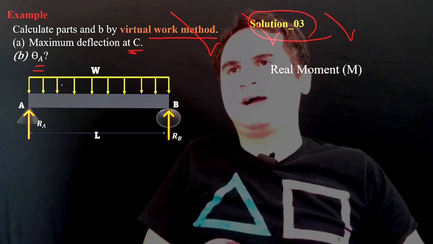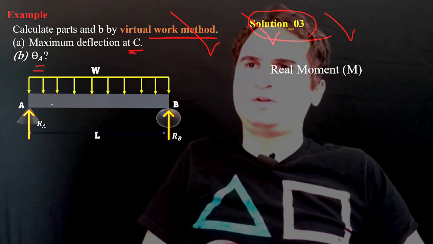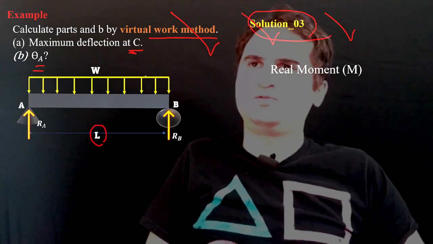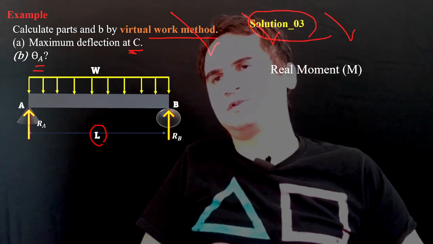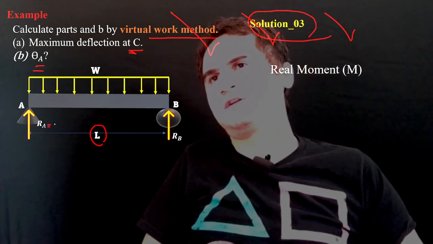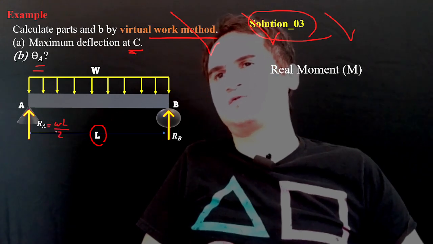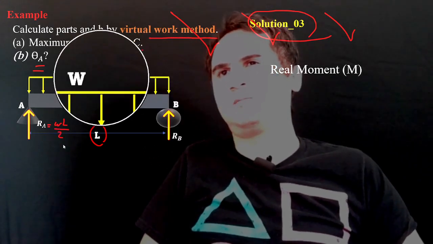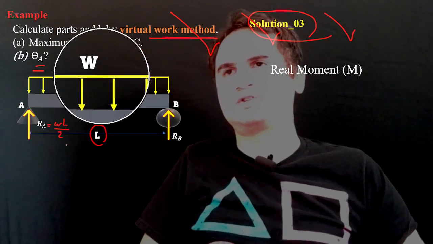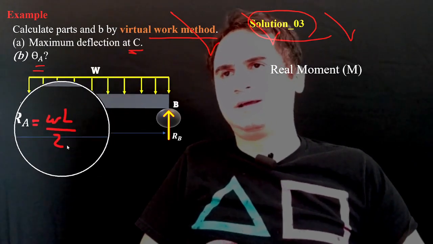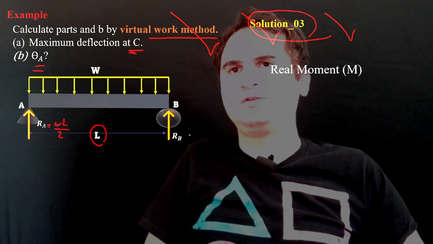So if we have a distributed load uniformly distributed over the span L of a two simple support beam, definitely half of the weight goes to RA. If W is the intensity times the length of the beam, it turns to WL, and half of that goes to RA due to symmetry.